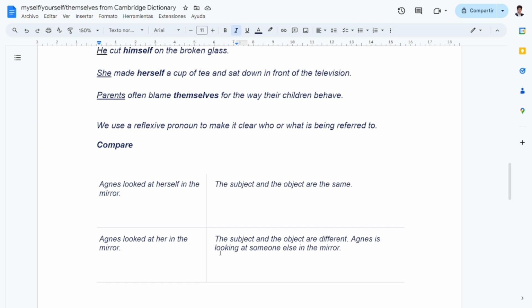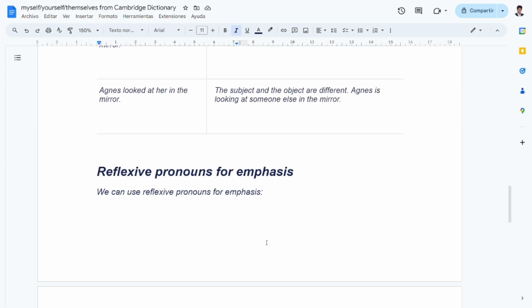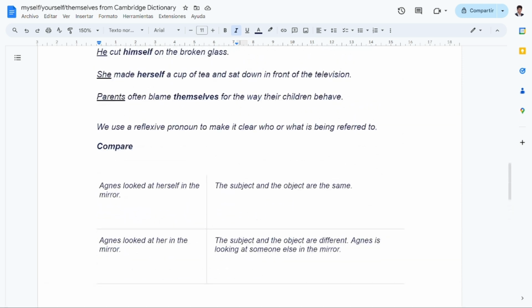Agnes is looking at someone else in the mirror. With the reflexive pronoun, the subject and the object are the same person. But with a subject pronoun and an object pronoun, they are totally different, right? In this example, the subject and the object are different people.